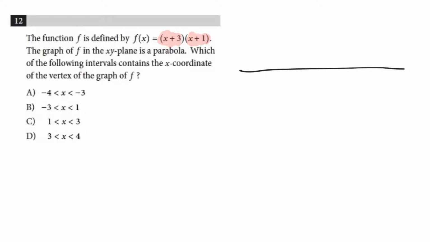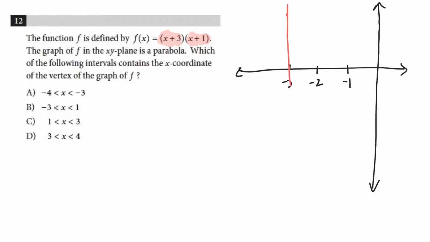So our intercepts for this graph are going to be at -3 and -1. So let's do a little sketch, there's -3, there's -1, -2. Okay, we also know that the a, the leading coefficient, is positive, so it's going to open in the upward direction.